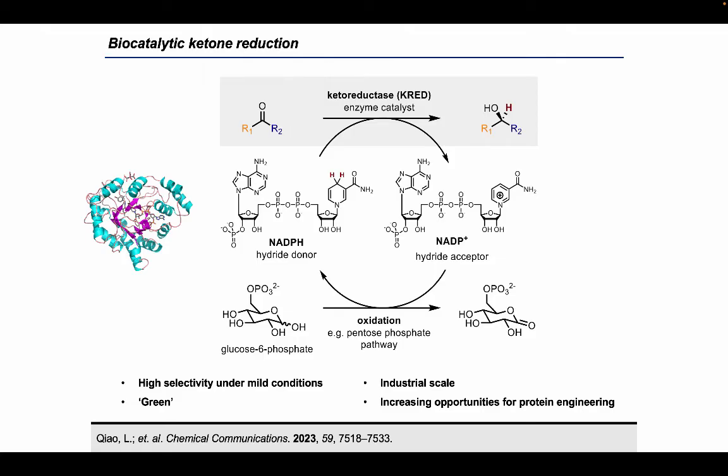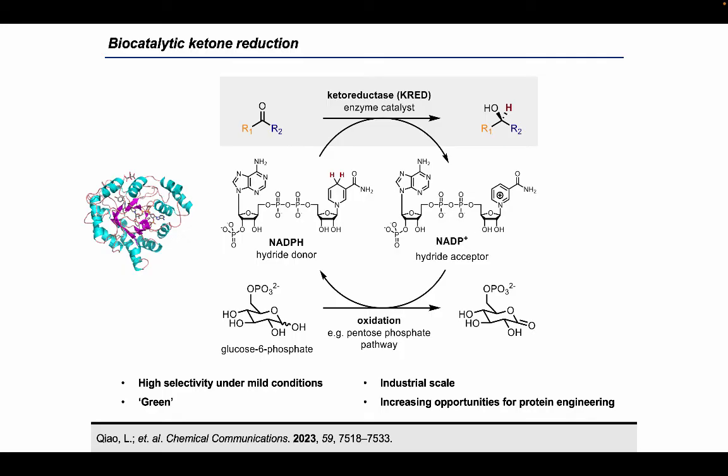One important family of enzymes when it comes to ketone reduction is the ketoreductases. These enzymes, when performing their native function, serve to transfer a hydride from a sacrificial donor to the substrate. They do this by first transferring the hydride, in this case from glucose 6-phosphate, to the cofactor NADP+.